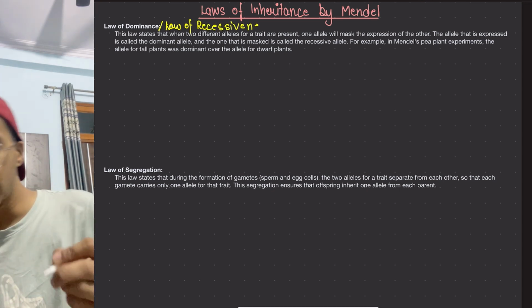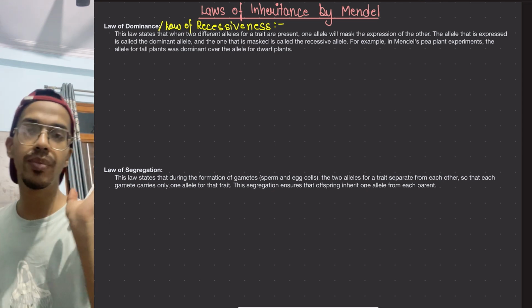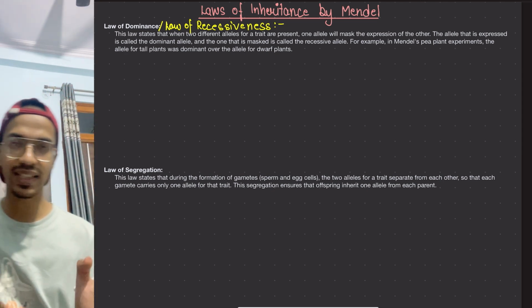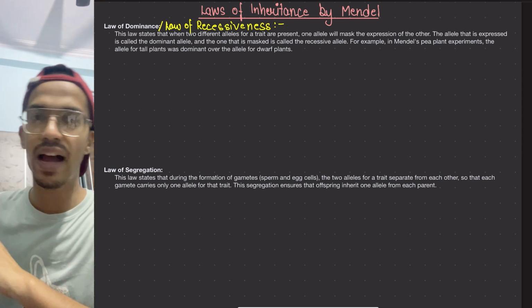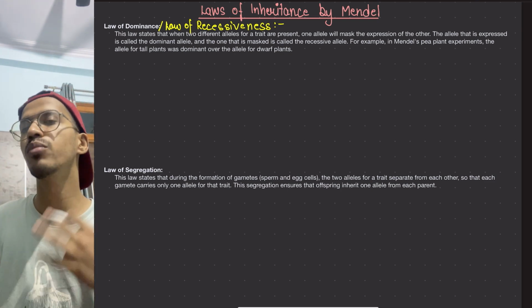Now when we are studying this law, here we have to remember, let's understand the basic things. Yesterday's class also I went through it; here we are summing it up in a better way.